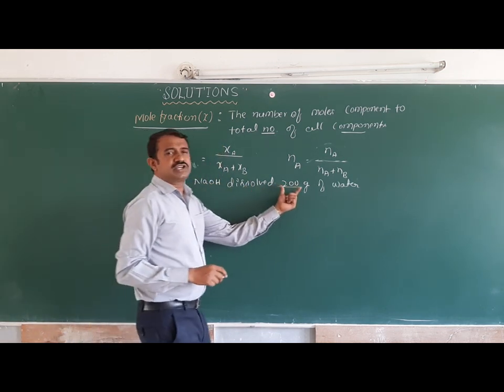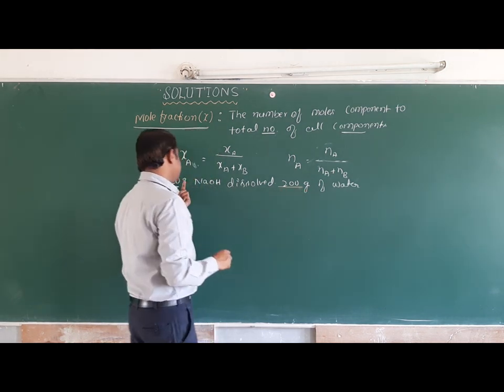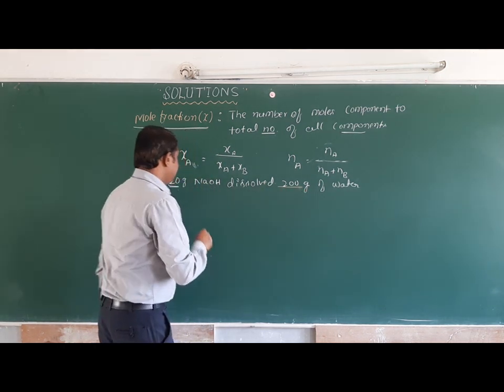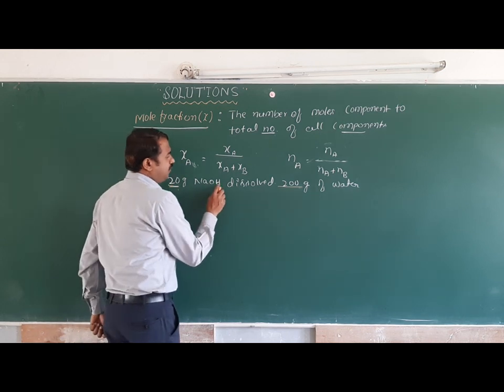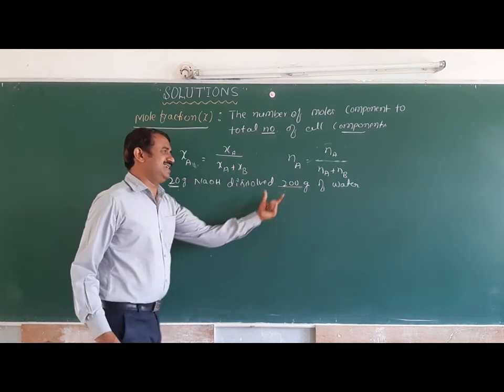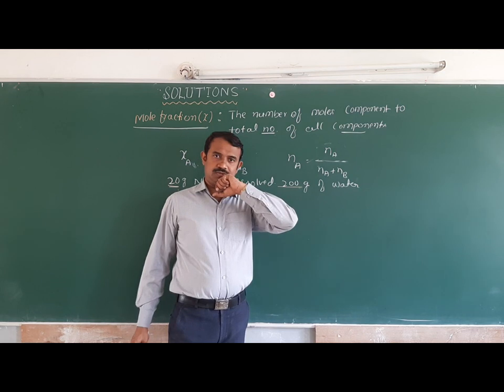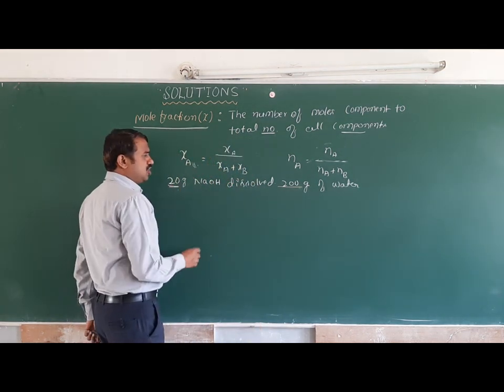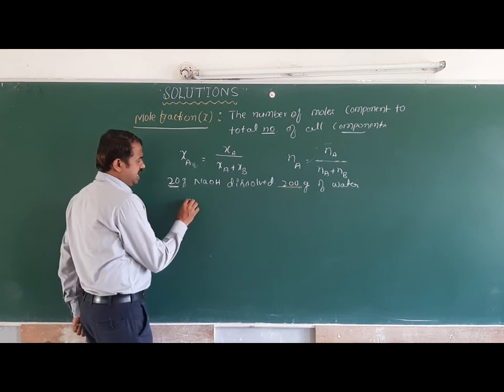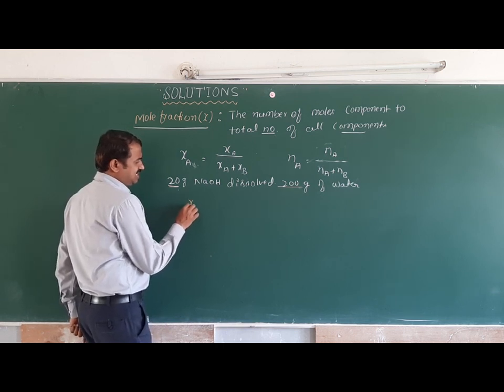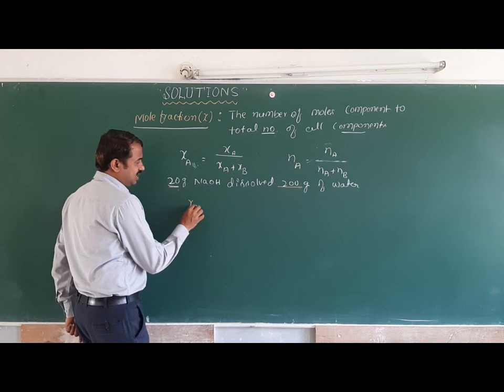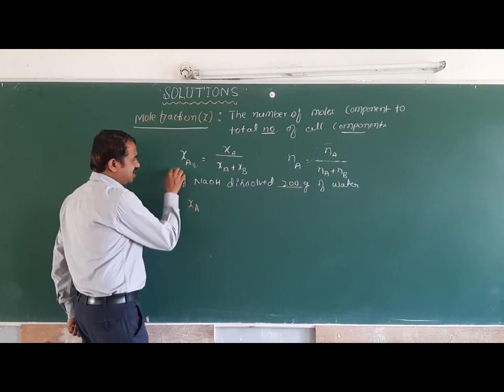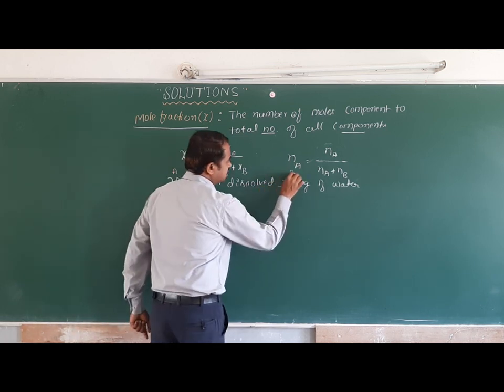Component A and component B: the 20 gram of sodium hydroxide is present in 200 gram of water. This one we consider A, this one we consider B.